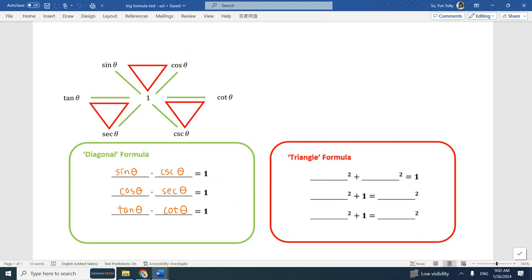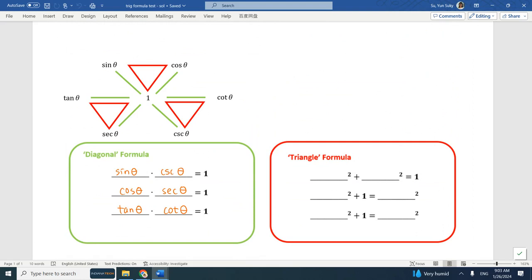And then we have the diagonal rule: the product of the two ends equals the middle one. So sine theta times cosecant theta is 1, cosine theta times secant theta is 1, and tangent theta times cotangent theta equals 1.